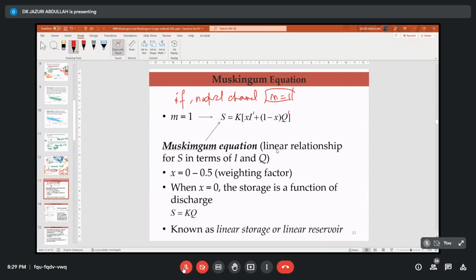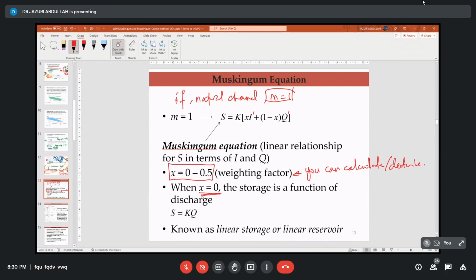Okay, so jadi X punya value, so this is the weighting factor. X can be between 0 to 0.5. Yang ini pun we will determine, so you can calculate or determine. Okay, so when storage, let's say you calculate X equal to 0.